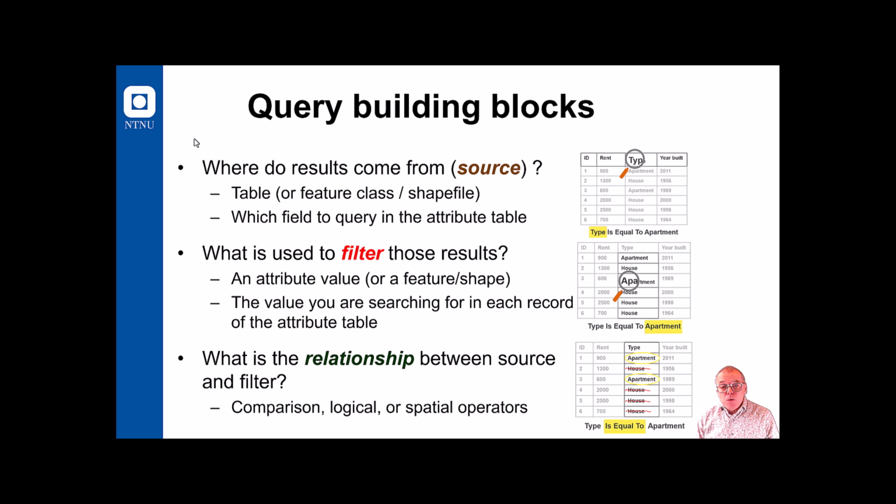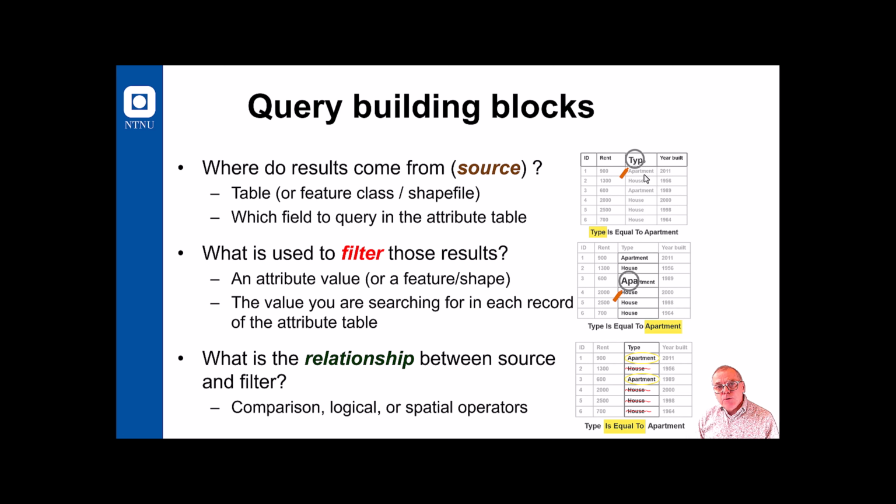And in GIS, all feature classes and shapefiles have an attribute table. And this is typically where the query from an attribute query comes from. So we have a table, but we also want to zoom in on one of the fields, one of the columns in the attribute table. So this we call the source.